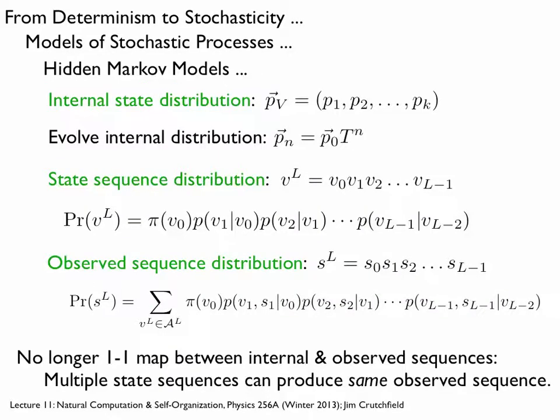Before, we had an internal state distribution. We knew how to calculate that using powers of the matrix or doing the eigenvalue analysis to get the asymptotic state distribution. Fine. The state sequences, we can now calculate exactly their asymptotic probability because we know the asymptotic state visitation probability, so we can write out those telescoping products exactly. But now we've got observed sequences on top of this.